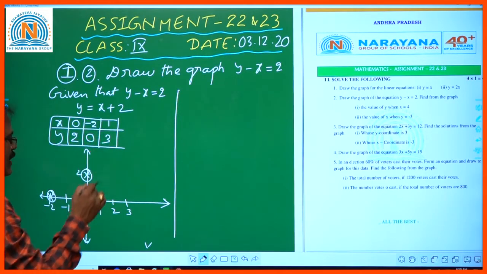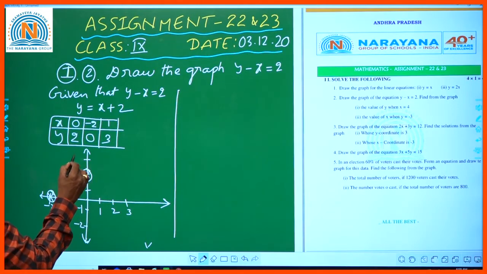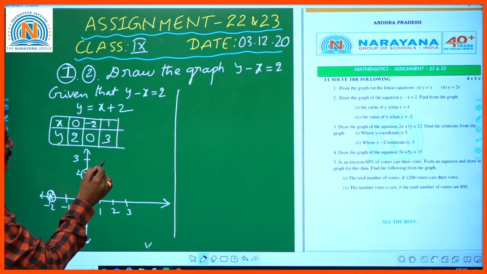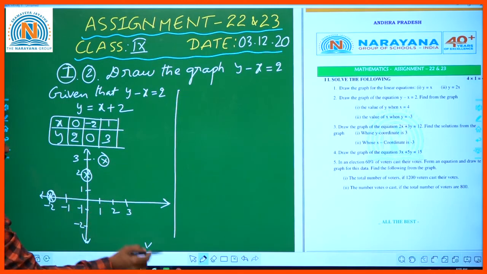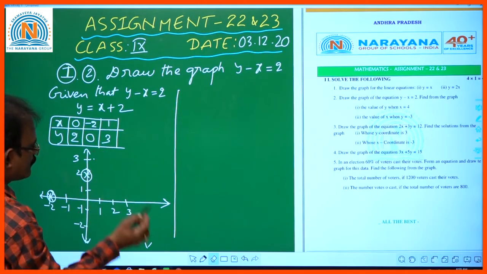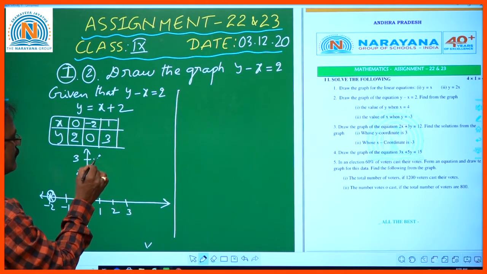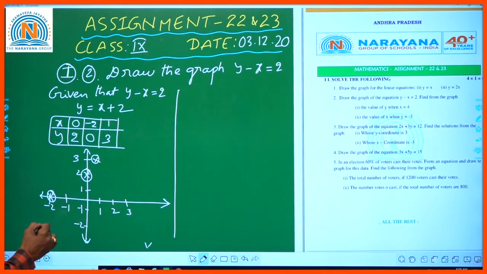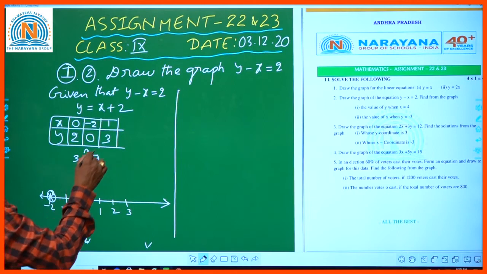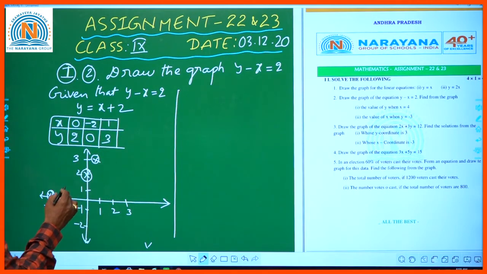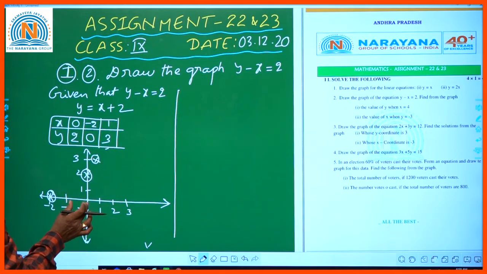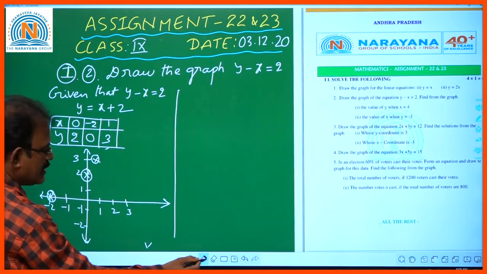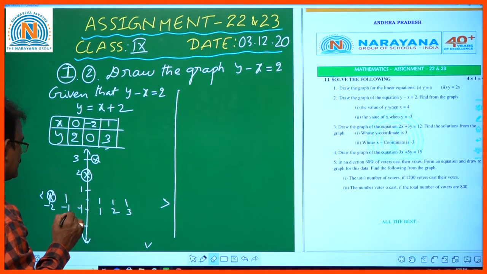And when x is equal to 1, y is equal to 3. Now if you draw the line passing through these three, as this is a rough diagram, the distances are a little bit less.